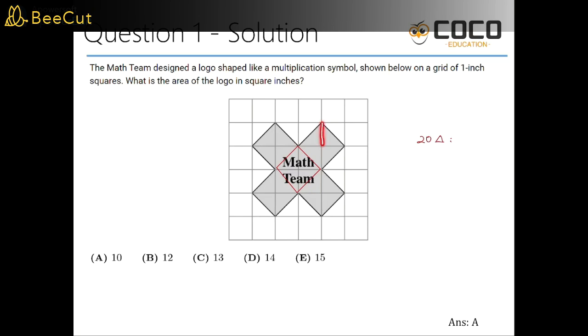You can see the area of one small square is 1. This is 1 by 1, so the area is 1. So each of these triangles is 0.5. We have 20 triangles, so 20 times 0.5. The area is 10. So the answer is A.